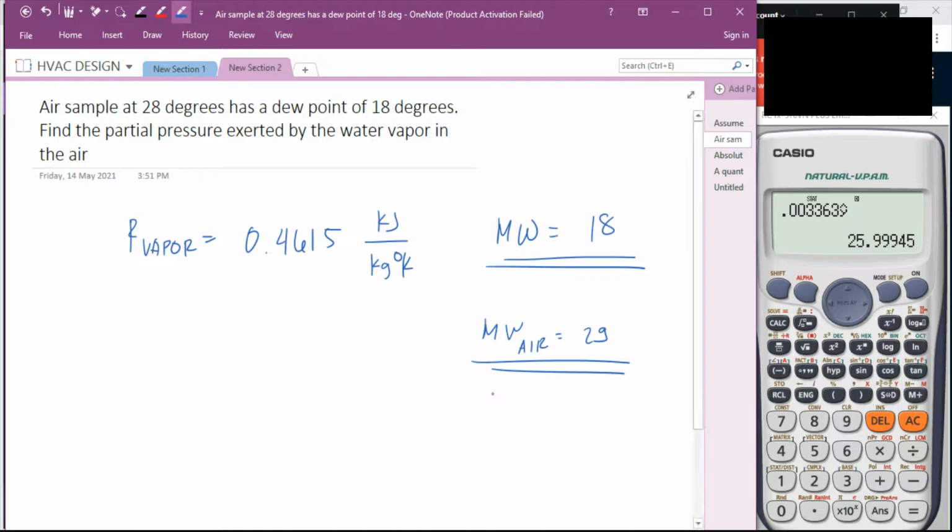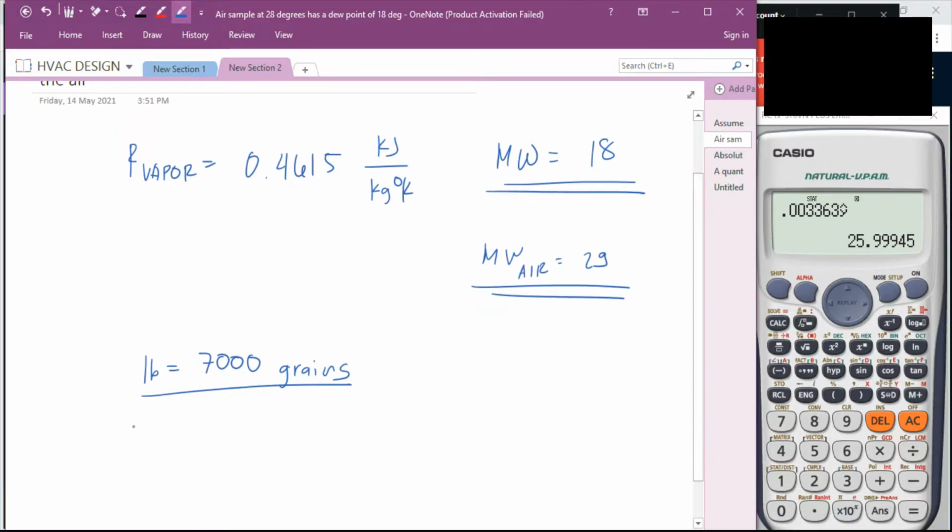And for useful conversion of units, 1 pound is equal to 7,000 grains. Another one, pag di mo alam, to approximate, you have 907 kilograms in every 2,000 pounds. Another conversion.